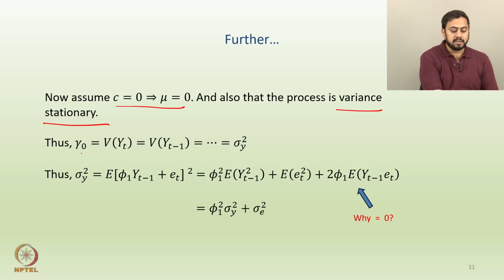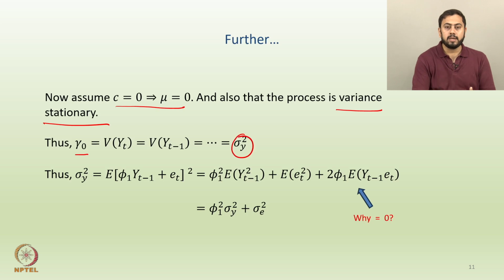So, for example, gamma 0 is a notation for variance, right. Probably we have seen this notation in the earlier lectures. So, gamma 0 is nothing but variance of yt equals variance of yt minus 1 equals variance of yt minus 2 and so on up to the last term, and we are also assuming that all the variances are the same and equal to sigma square y.